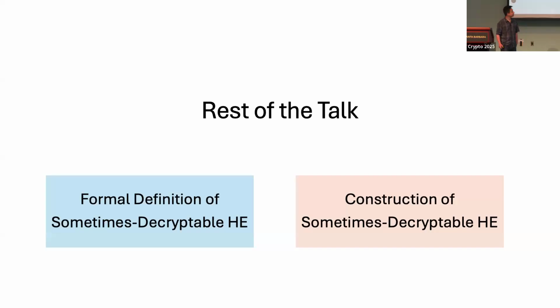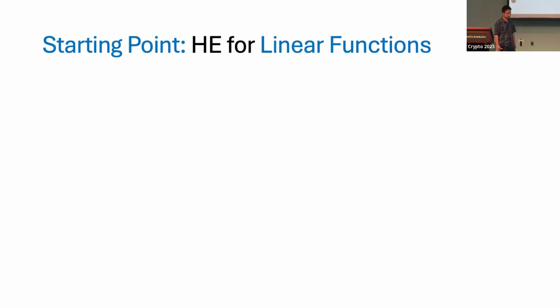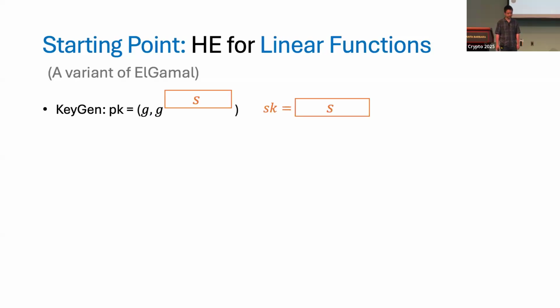Okay. So finally, let me show you a high-level idea of how to construct this sometimes decryptable homomorphic encryption. Our starting point of the construction is a homomorphic encryption for linear functions. And this starting point is just a variant of ElGamal encryption.